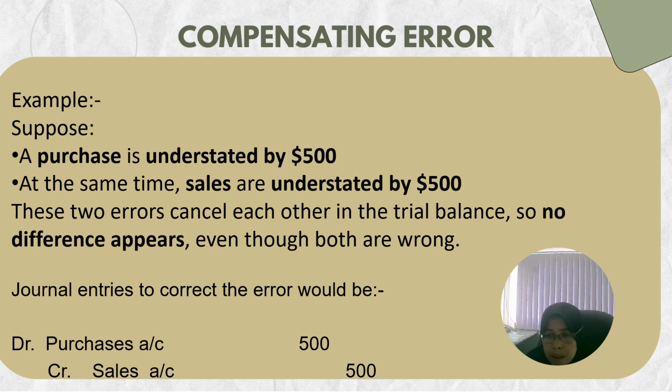Let's say the purchases account is understated by 500 and at the same time the sales are understated by 500. These two errors cancel each other in the trial balance, so no difference appears even though both are wrong. We need to prepare the journal entry to correct the error. In this case, we need to debit the purchases account by 500 and credit the sales account by 500.